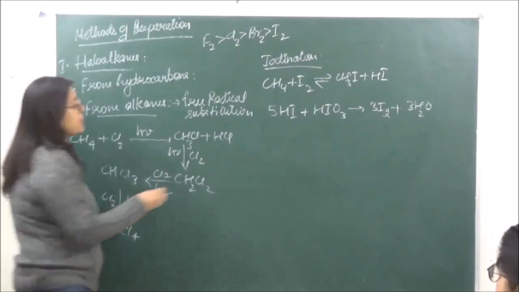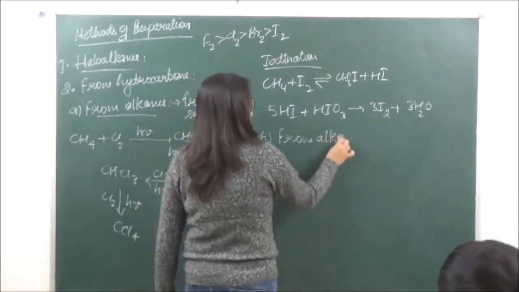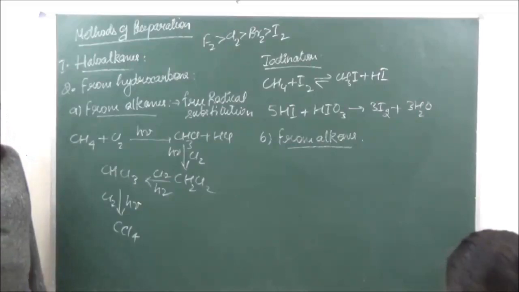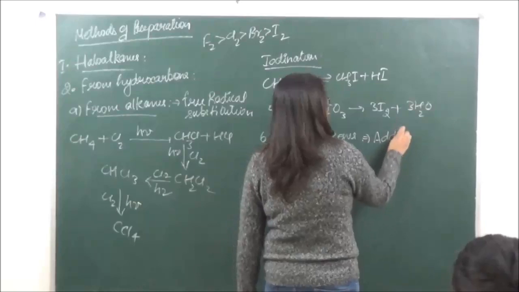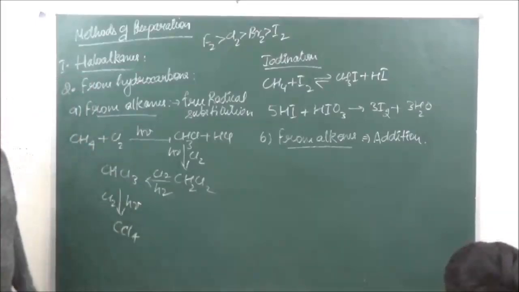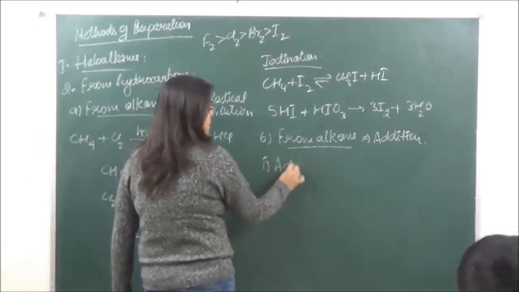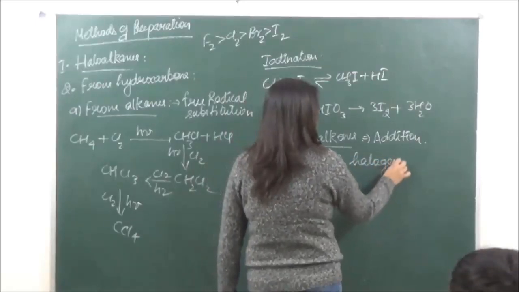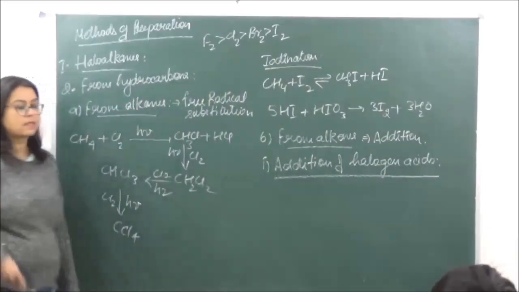The second method which we are going to do over here is from alkenes. In case of alkenes, the reaction which is going to take place is known as an addition reaction, because we are going to add something over here. ठीक है, so in addition reaction, सबसे पहले हम लोग ऐड करेंगे addition of halogen acids, right?